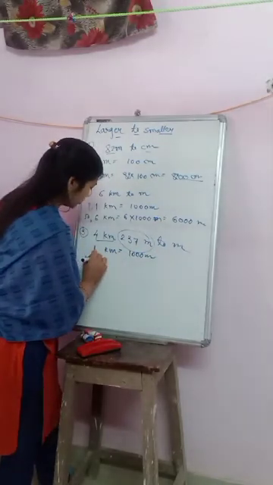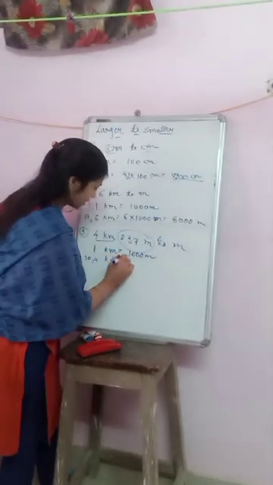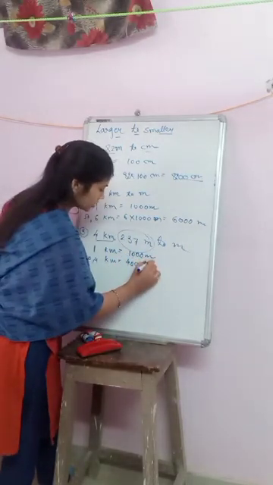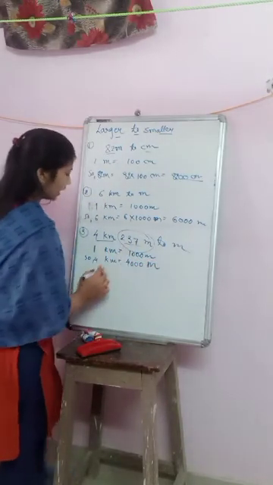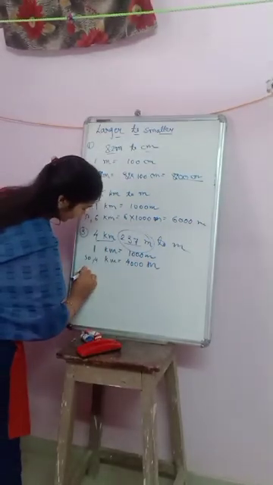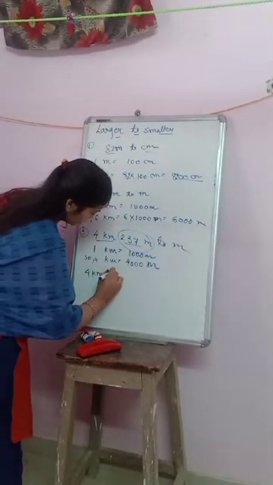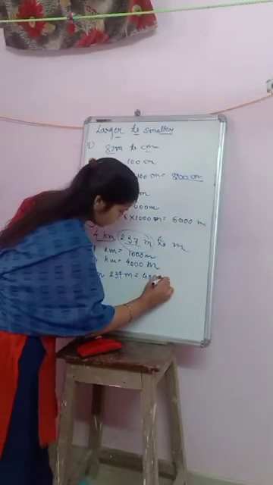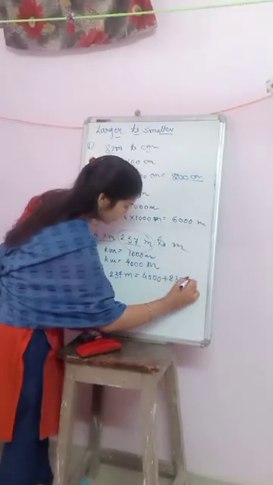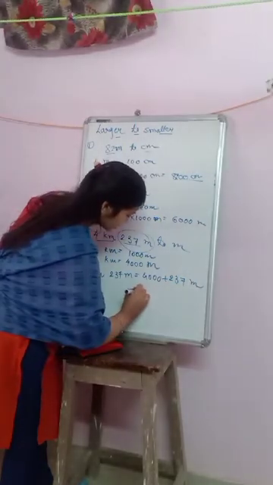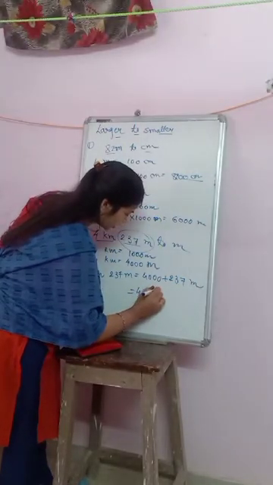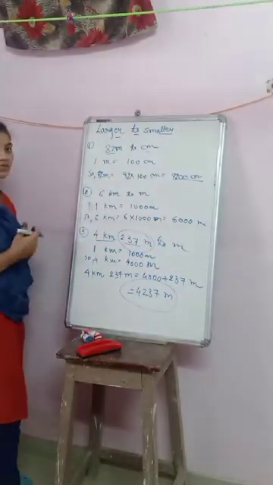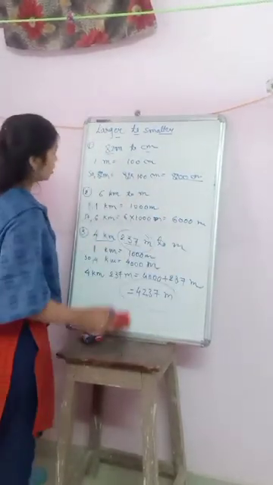So 4 kilometer, I am writing here directly by adding the 3 zeros, 4000 meter. Now we have to add this 237. 4 kilometer 237 meter equals 4000 plus 237 meter. Answer is 4237 meter. This is a conversion of the larger to the smaller.